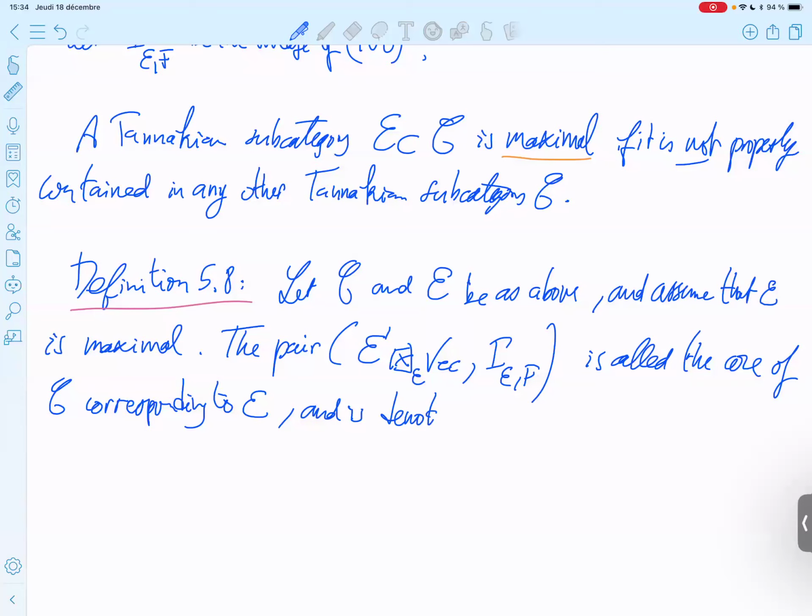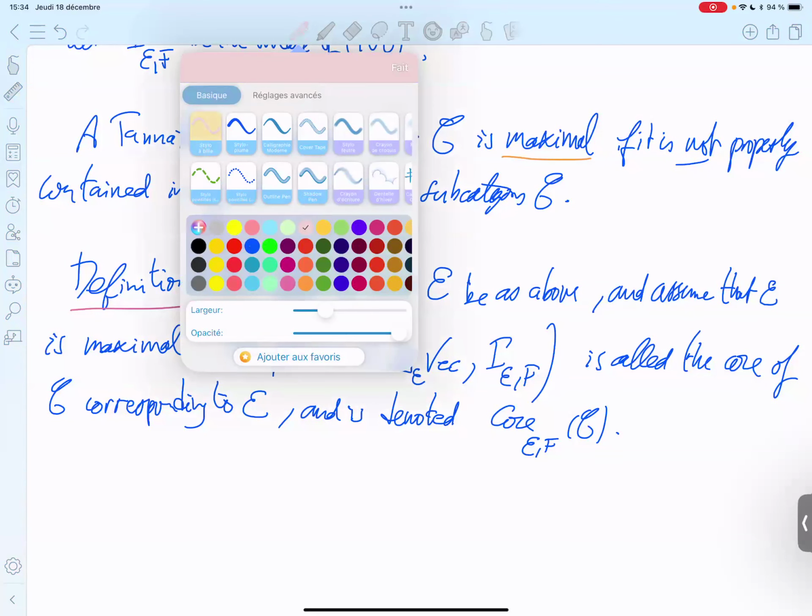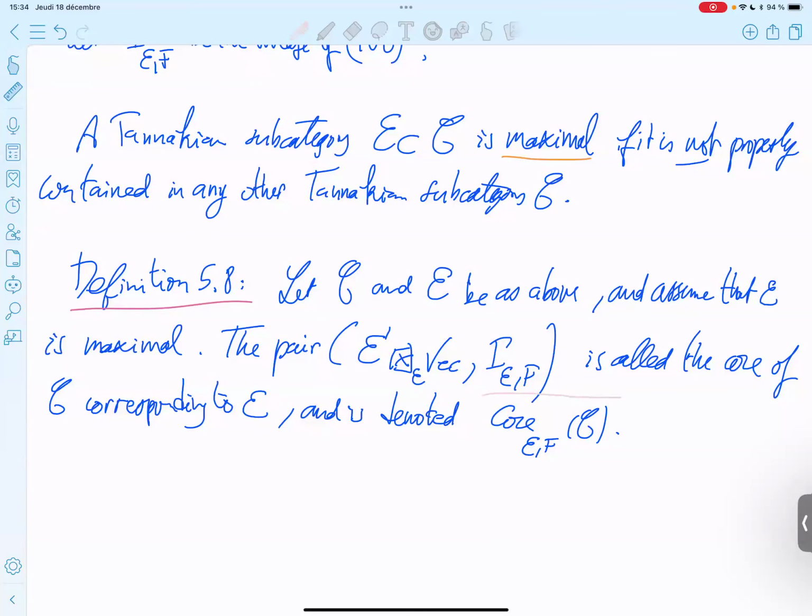We will show that it is independent of the choice of the maximal Tannakian subcategory. But for now, before proving it is independent, we denote it with this parameter.